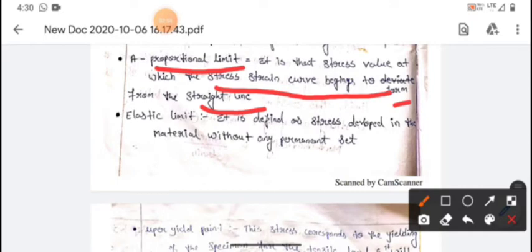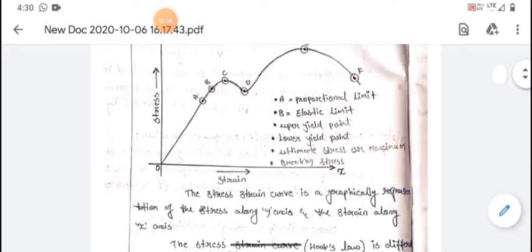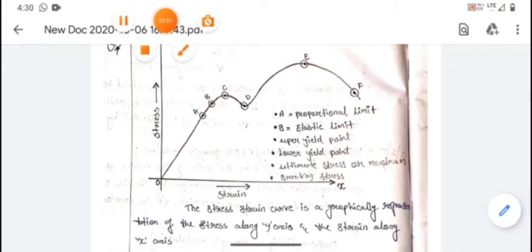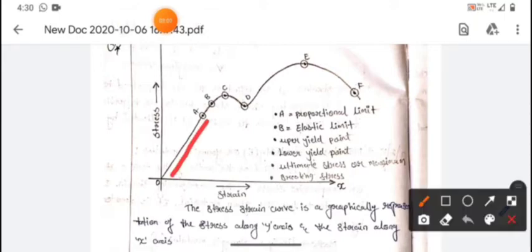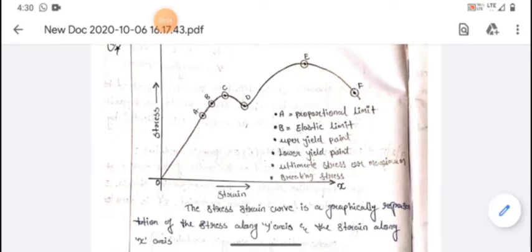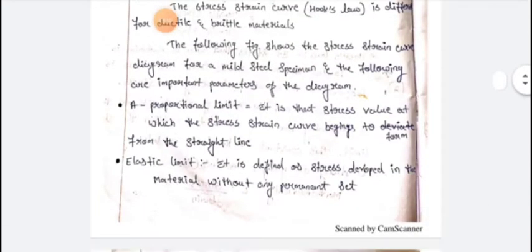Here the line is straight up to point A. At the initial loading point the stress level is low, and we get a straight line where stress and strain are proportional. That's why we call it the proportional limit. Stress is proportional to strain in this limit.